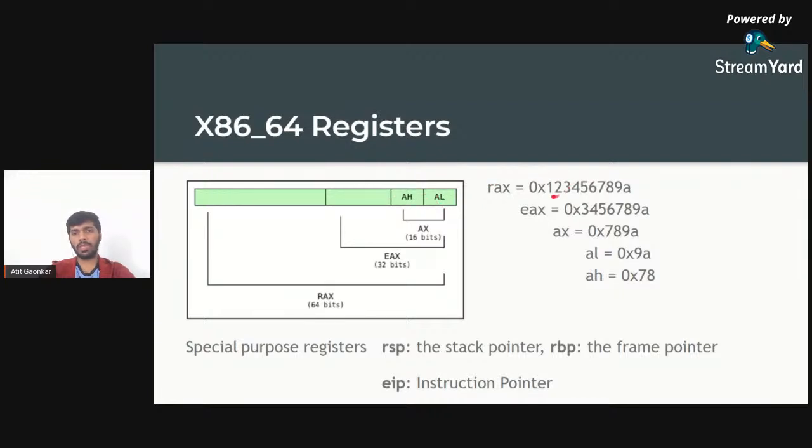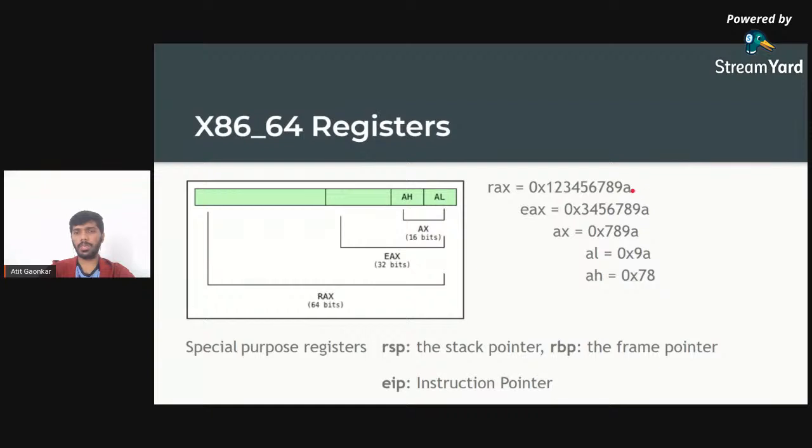As you can see, say RAX has 1, 2, 3, 4, 5, 6, 7, 8, 9, A in hexadecimal as data. This might be 64-bit, but here it is not. Now we'll just consider the first 32 bits from the right.